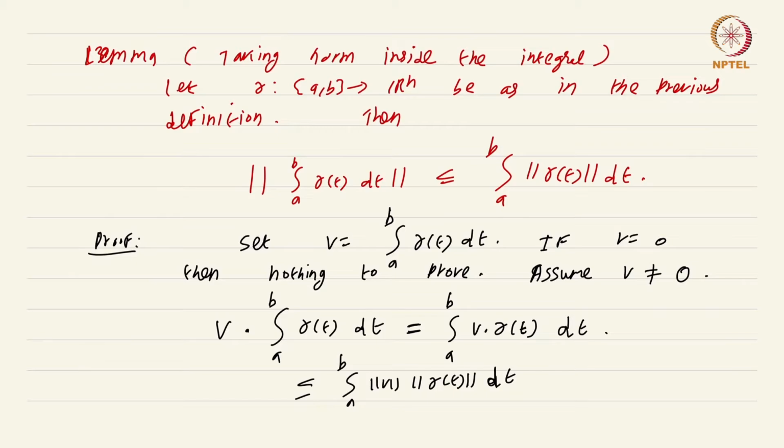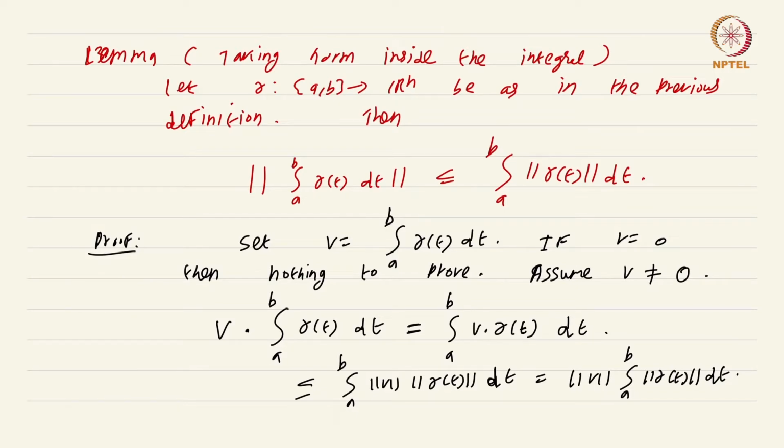Okay, so here I'm using various basic properties of the Riemann integral, the standard Riemann integral. So I want you to check that this is correct. This is just Cauchy-Schwarz, and this is just norm v integral a to b norm gamma of t dt. Okay, I'm just taking the norm v outside.